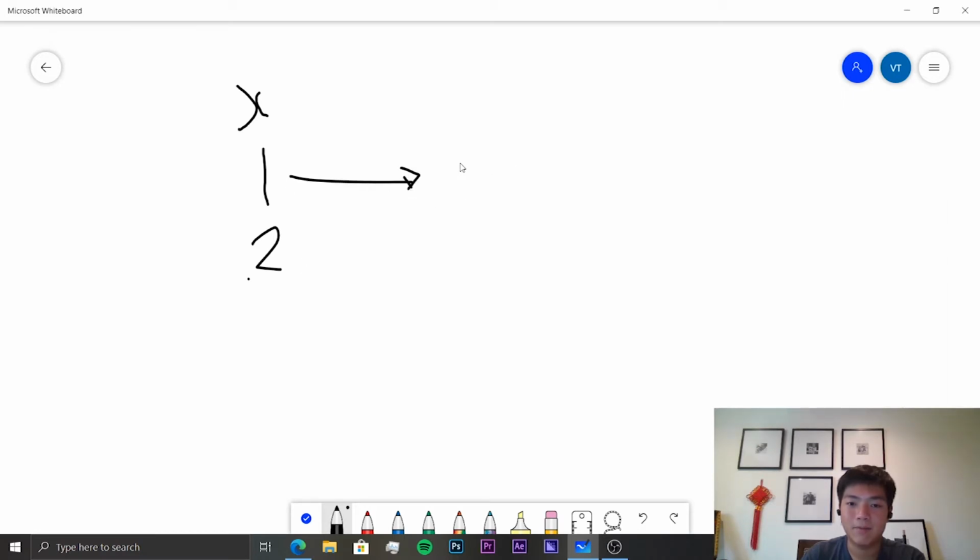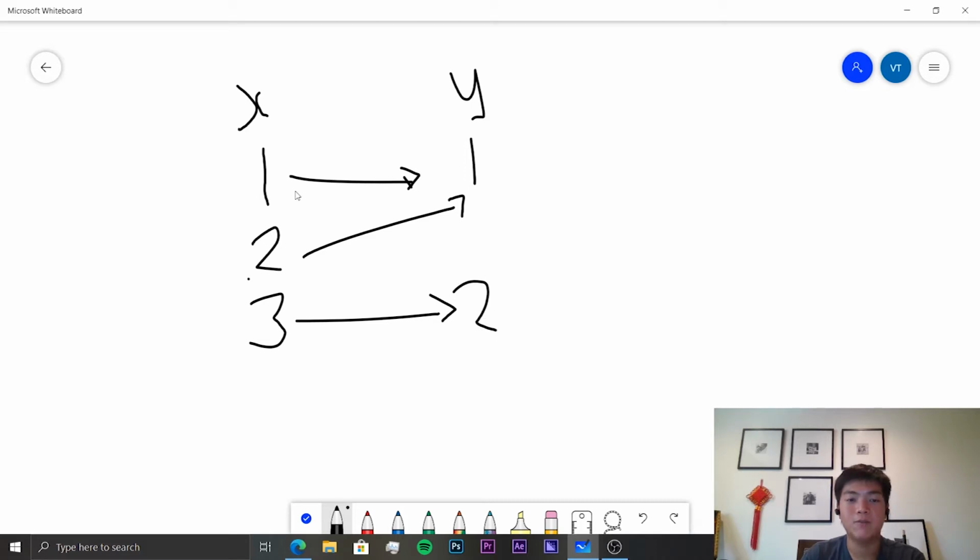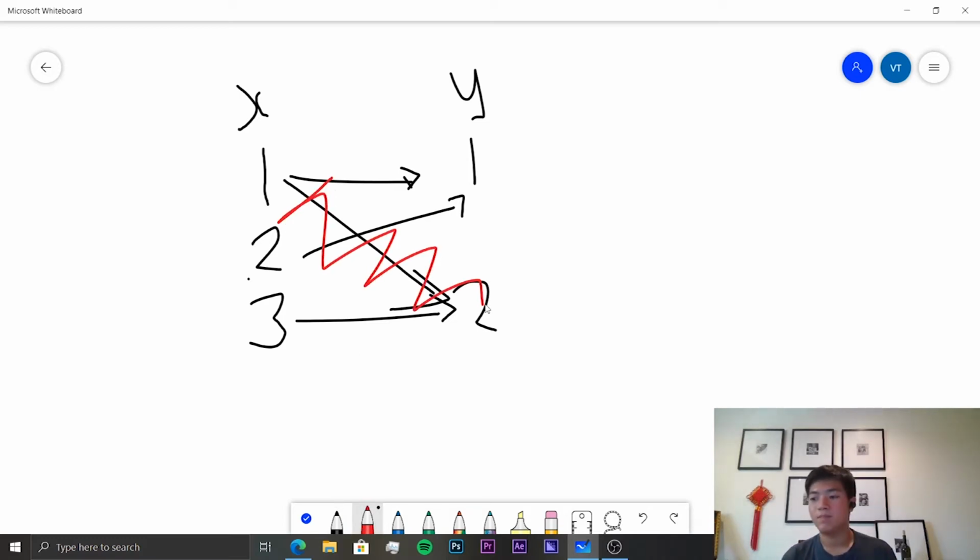They can map to the same y values, but a function should never have more than one y value per x value. That's a big no-no. So a relation is a function if it acts on all the elements of the domain and it is well-defined. Well-defined means that there is only one y value for each x value.